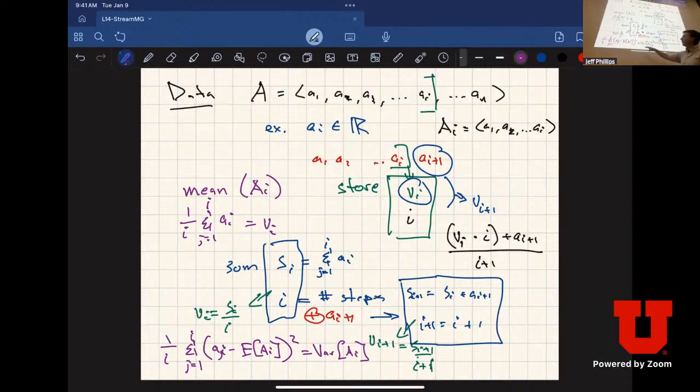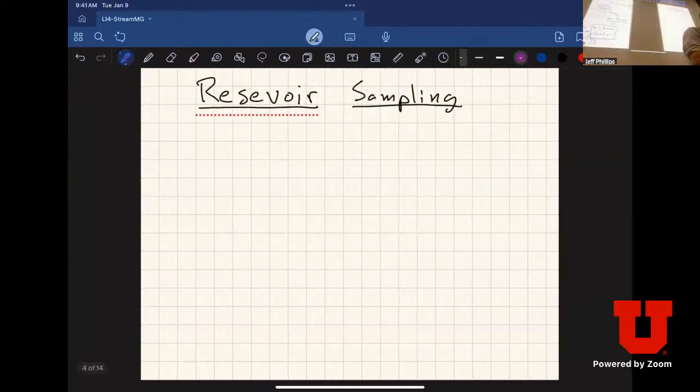Now I need to maintain for each of the A_j's, even the ones in the past, like A_3, I need to subtract the mean off of here, which I didn't know until I got to the ith thing. I need to square it and sum all these up and divide by I. Yeah, so this is trickier.